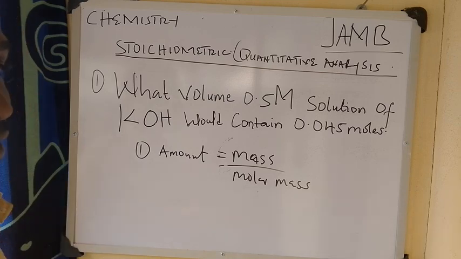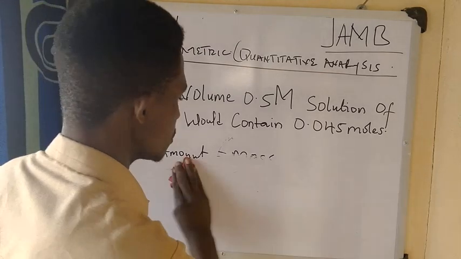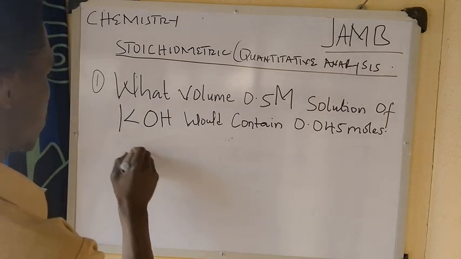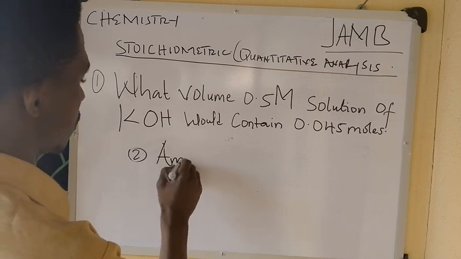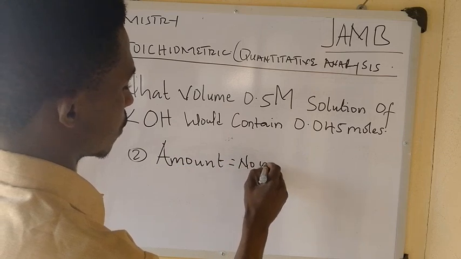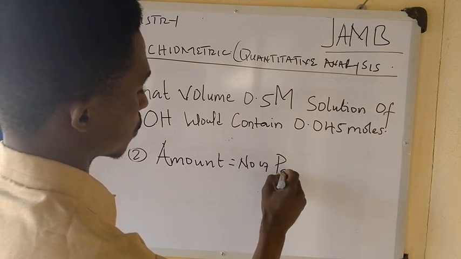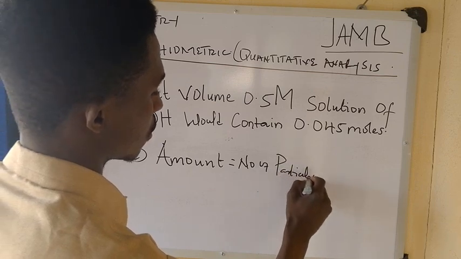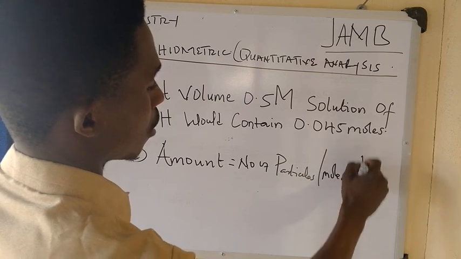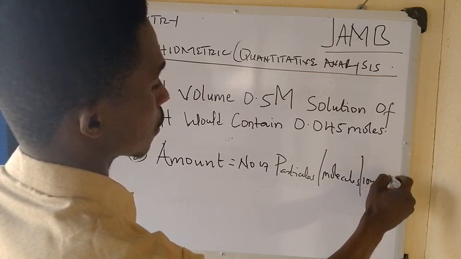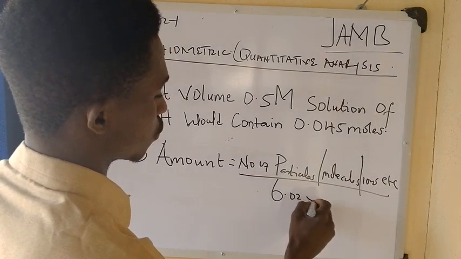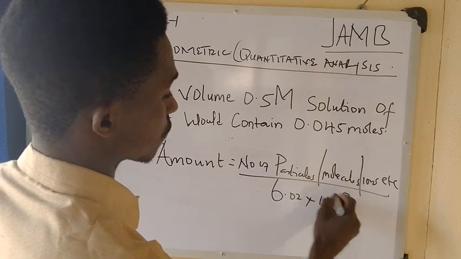So the number two formula says that amount is equal to the number of particles, or molecules, or ions, etc., all over 6.02 times 10 raised to the power of 23.